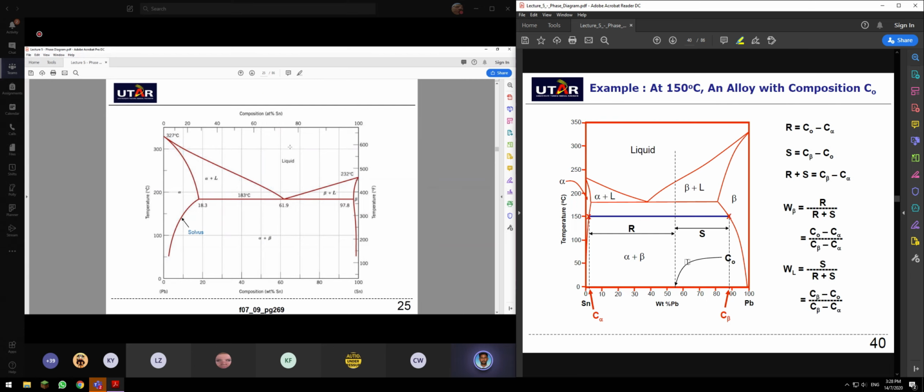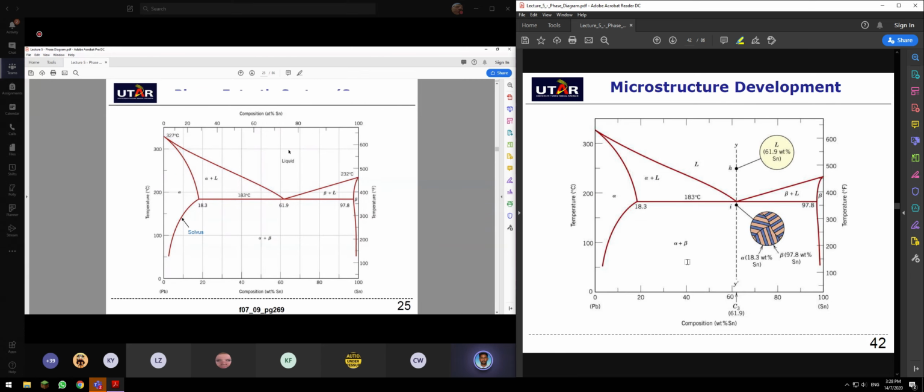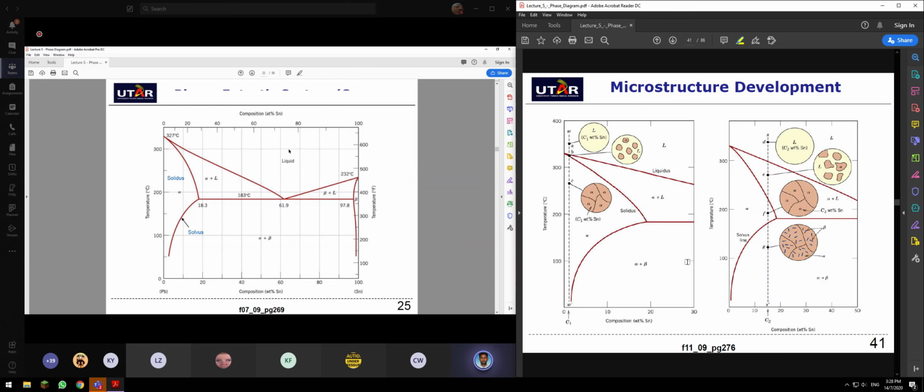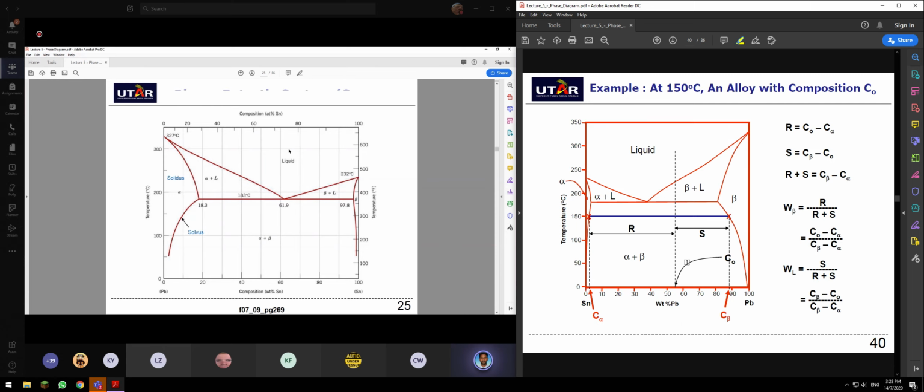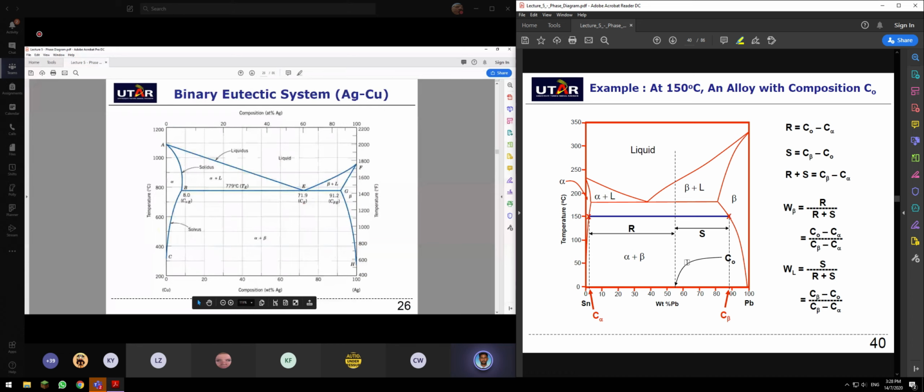But if you look at the liquid phase, if you want to find the composition amount of alpha solids, it's over here. Okay, that's the reason why.